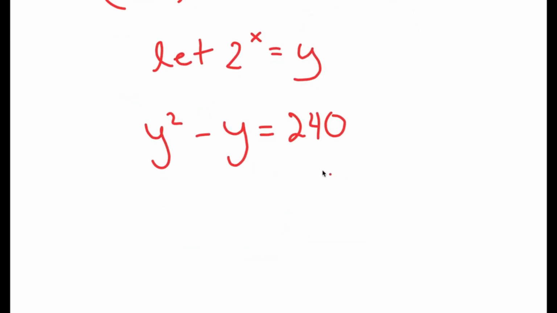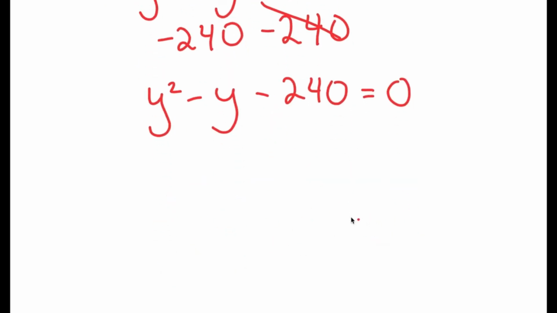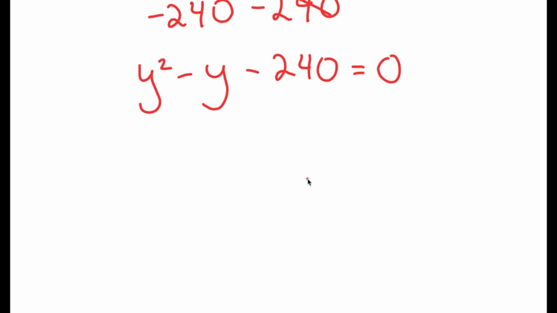And now I can subtract 240 on both sides. So these two cancel out, and I get y squared minus y minus 240 is equal to 0. So what I have here is a quadratic equation.